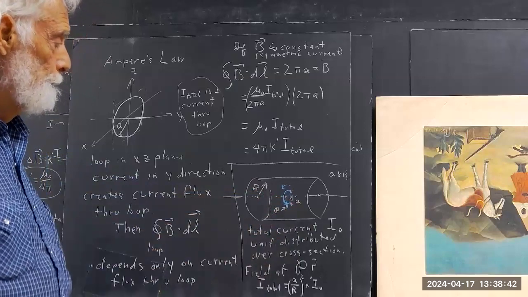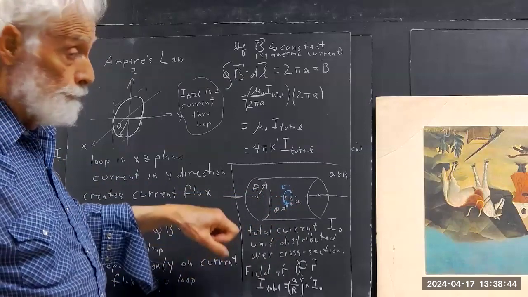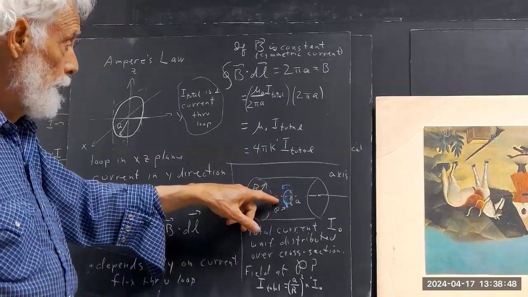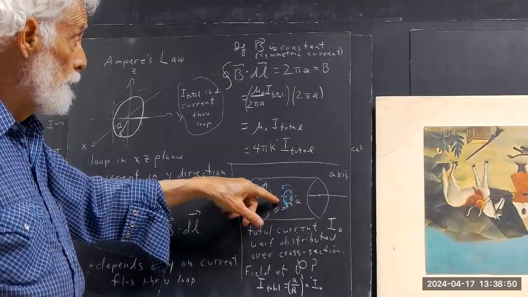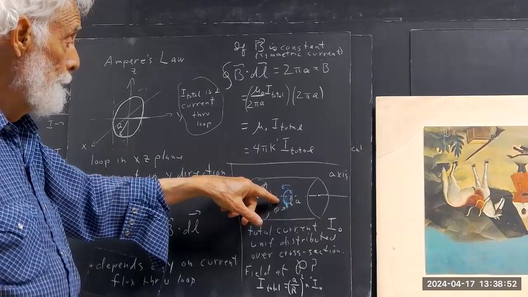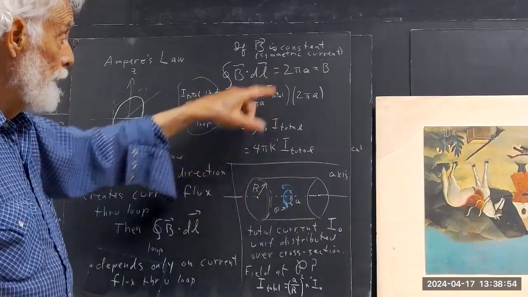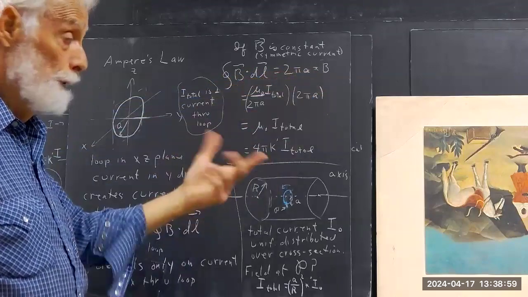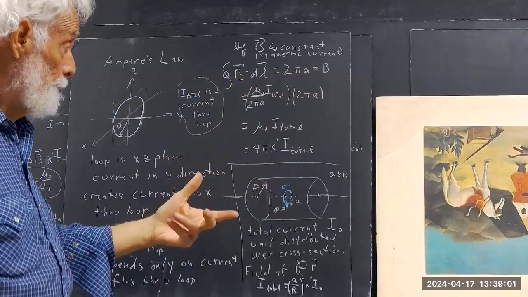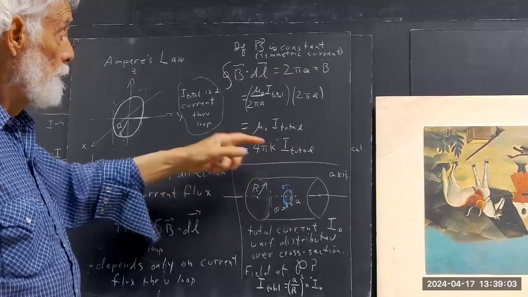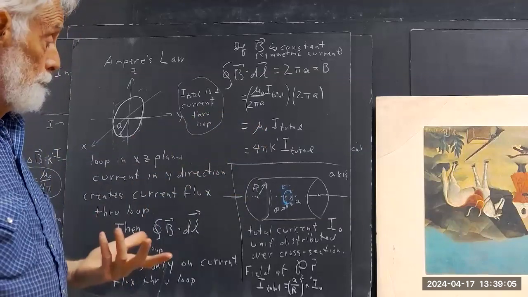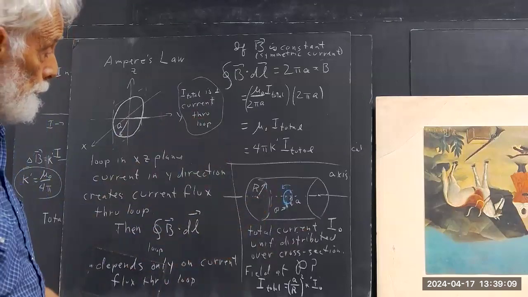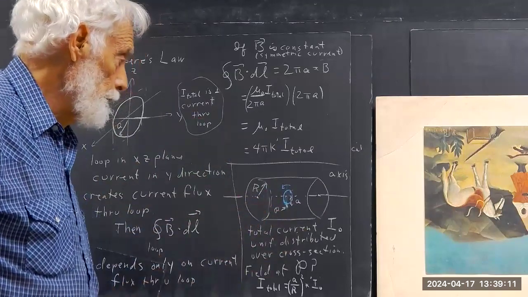So we locate the loop symmetric with the axis through the point P, which means the loop is going to have radius a, little a. All we have to do now to find the magnetic field is find I total, since in this case mu naught I total equals 2 pi a times your magnetic field. What's I total? Well, you did a good job with that. Good intuition of proportionality.